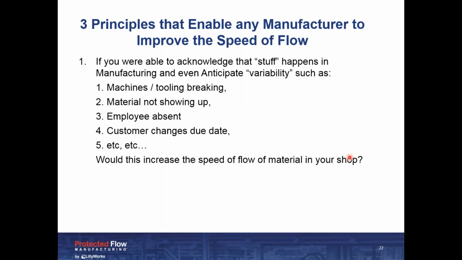So the first idea is, if we're able to acknowledge, even anticipate that, quote unquote, stuff happens in manufacturing, then would that allow us to increase the speed of flow of material in our shop? Okay, so when I say anticipate, many of the scheduling tools, to give an almost extreme example, you talk about backward scheduling.